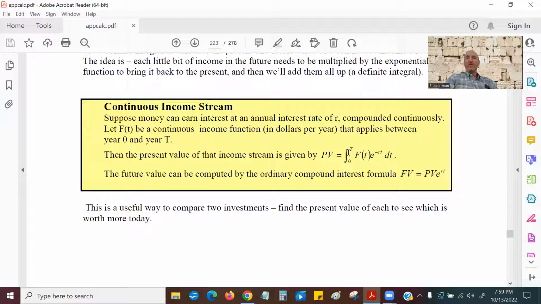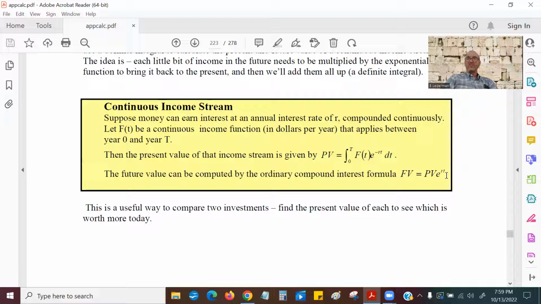Anyway, it's the integral from 0 to that year of f of t, the function that the money's flowing in on, times e to the minus rt dt. And that's the present value. The future value, that you get just from the regular compound interest formula, is equal to the present value times e to the rt.